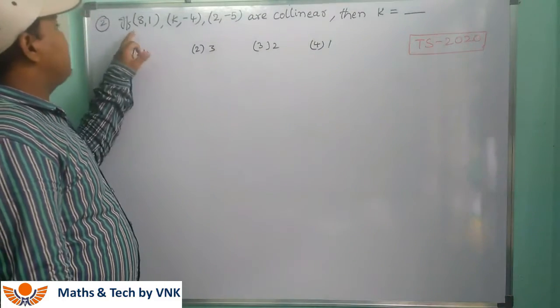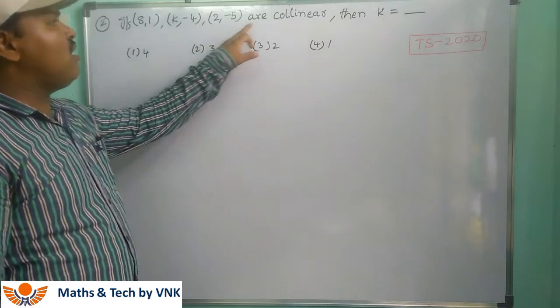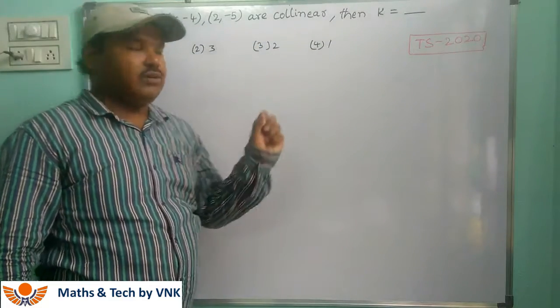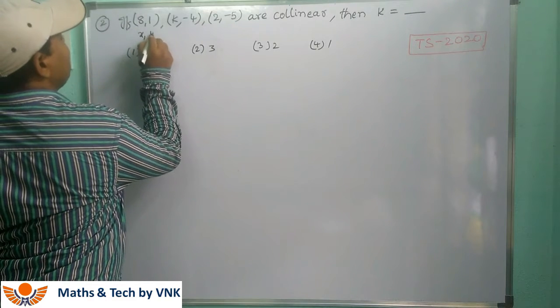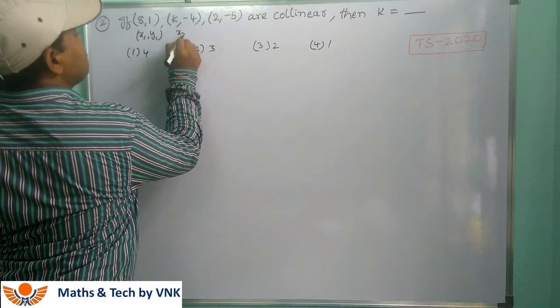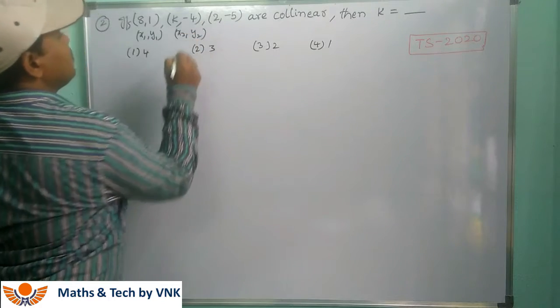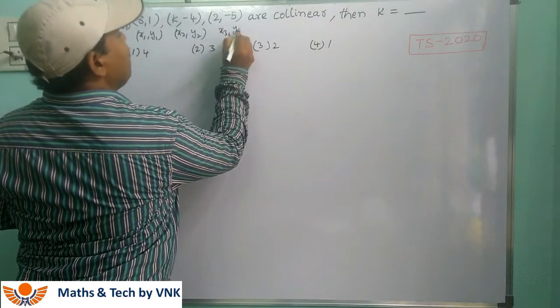Second question is, if (8, 1), (k, -4), (2, -5) are collinear, then k is equal to. So let (8, 1) as x1, y1, (k, -4) as x2, y2, (2, -5) as x3, y3.